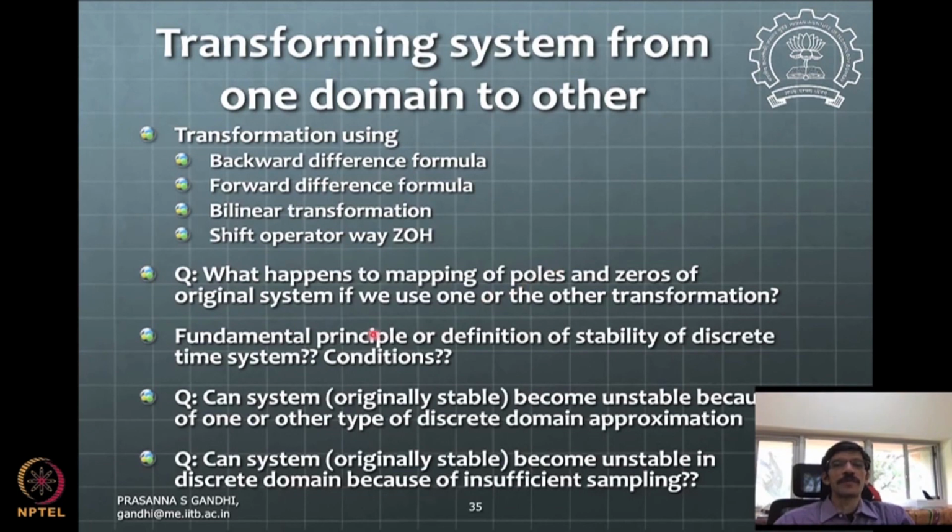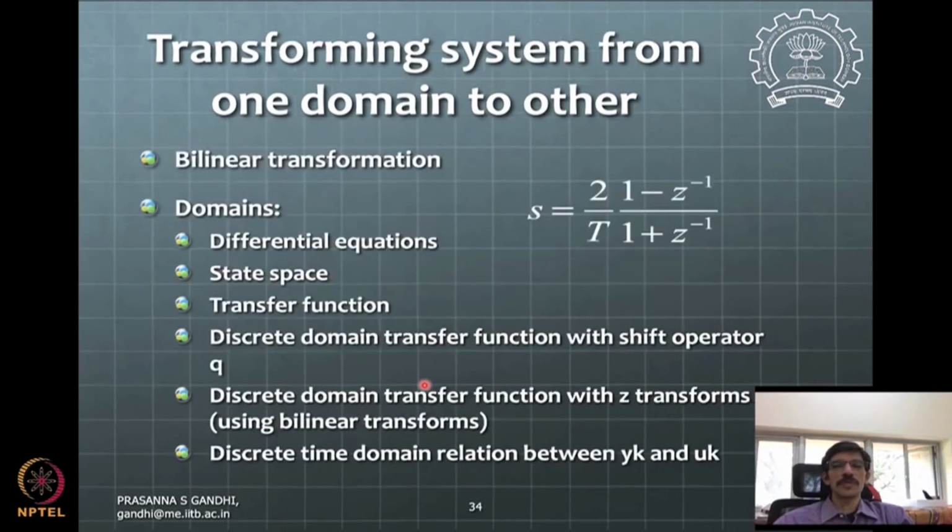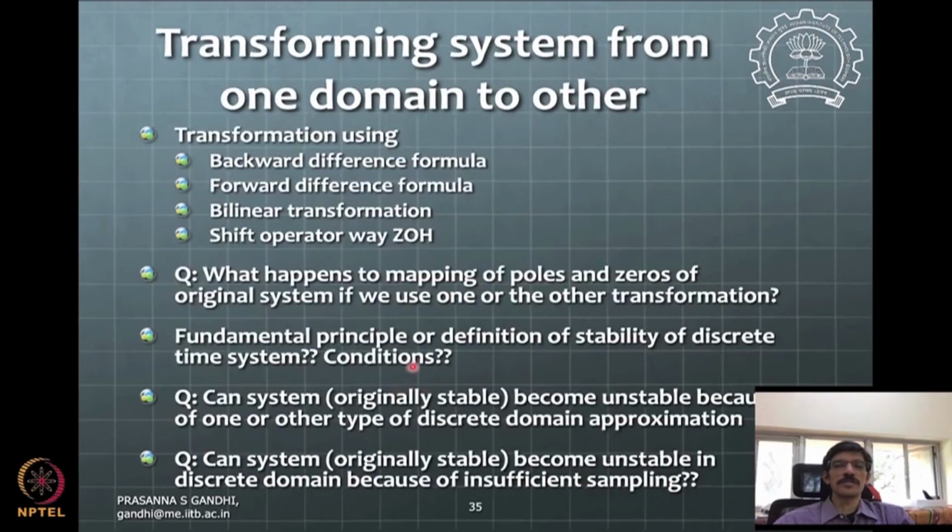Then there are questions about the mapping of the poles and zeros. These are questions one can ponder over and answer. We are not going to get to them right now. The main focus right now is the filter. Once we have any system in the S domain, we are able to transfer it into a discrete domain by using these different kinds of transformations.